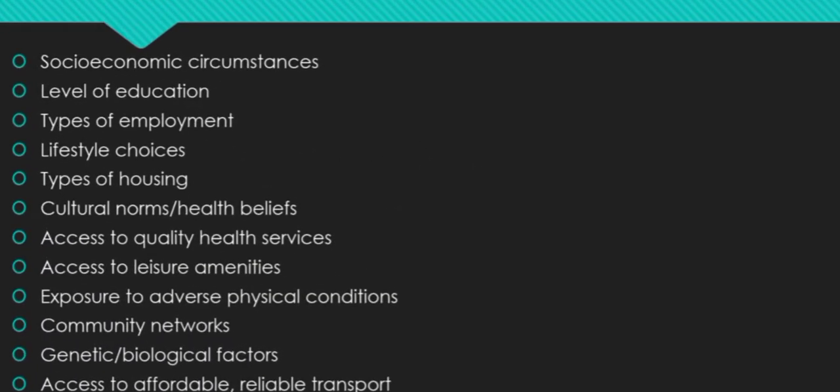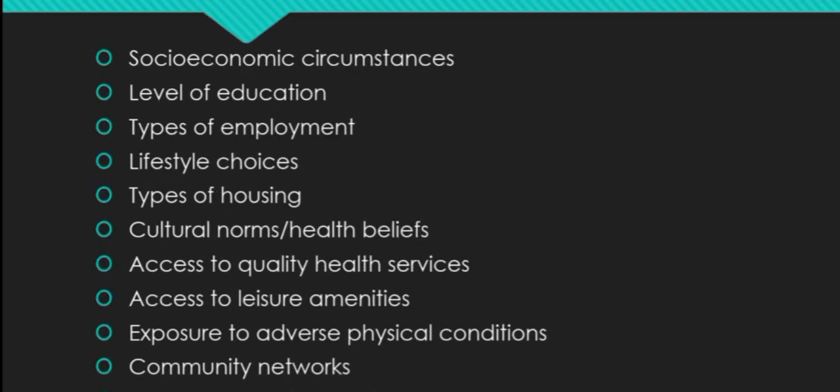Now we talk about determinants of health. The factors which determine the health of an individual could be inside the body, intrinsic factors, or could be outside of the body, like environmental factors.